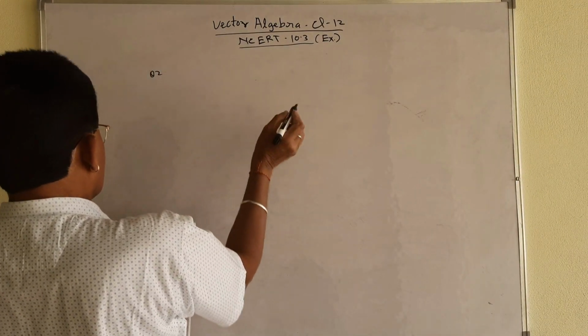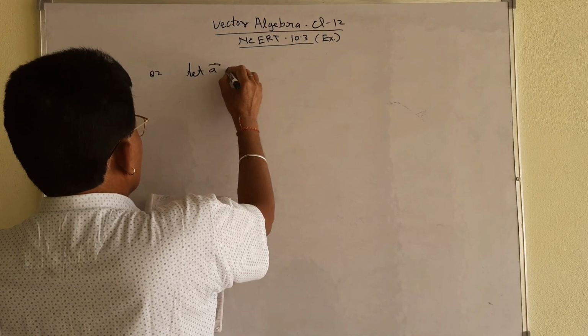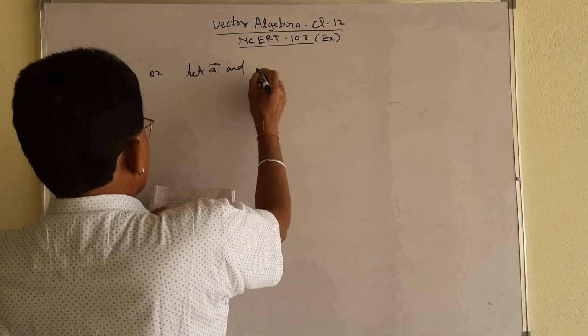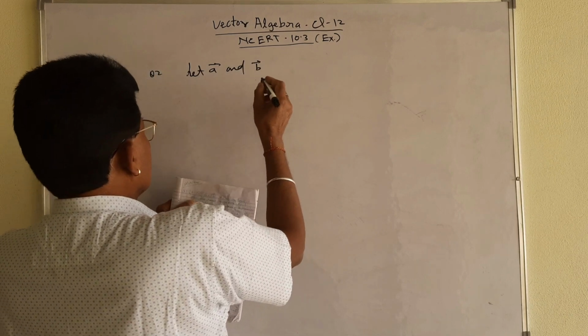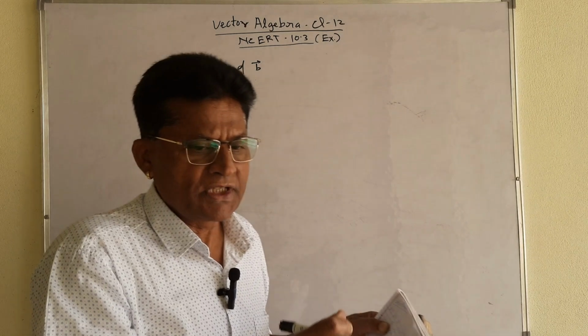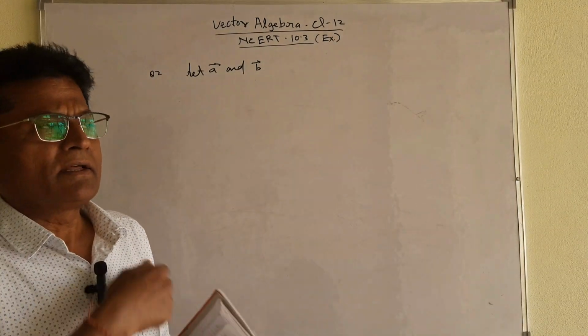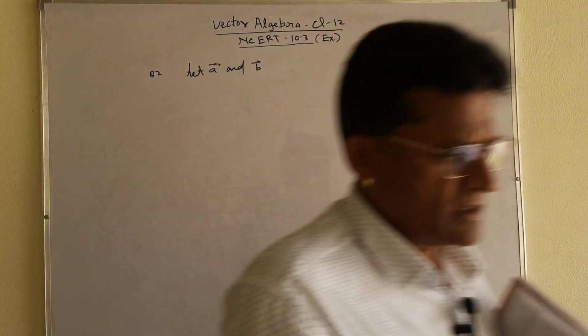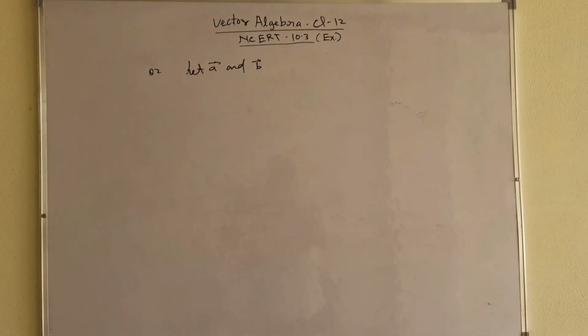Question number 2, additional question. Let vector A and vector B be two vectors. You must see the vectors. My dear student, it is a very, very important thing we are discussing, and you must keep it in mind.